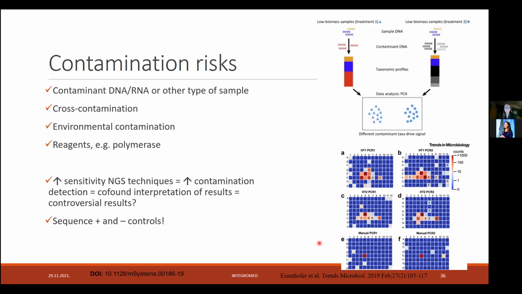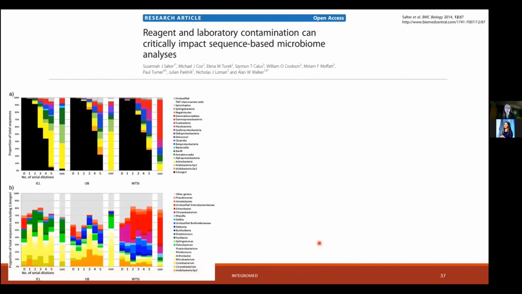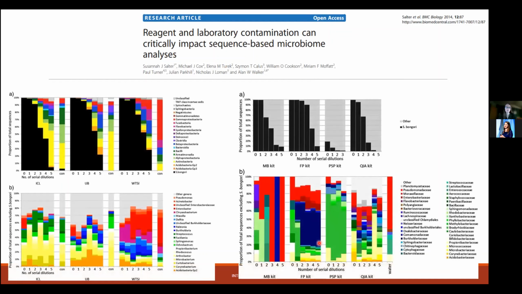But yeah, this needs to be taken into account, and there's a short example as well that this is especially important if we talk about low biomass samples, because here you would see that the black is one specific bacteria, and each column is a dilution of this sample.